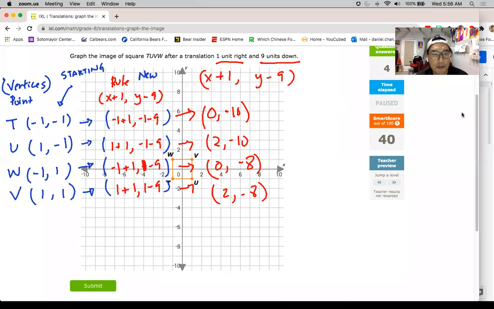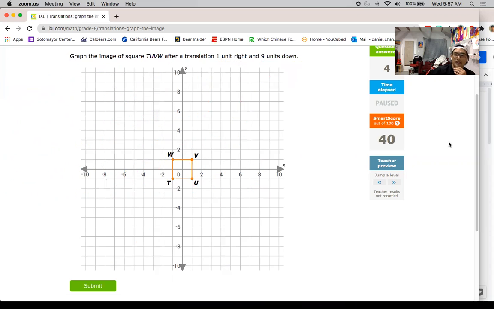Well, no, I'm just going to have to erase this. Hopefully you can pause your video here and look at this example. I'm going to erase all this so I can actually plot these points. And thank goodness I wrote them all down in my notebook. So now I can actually just go and plot the points.